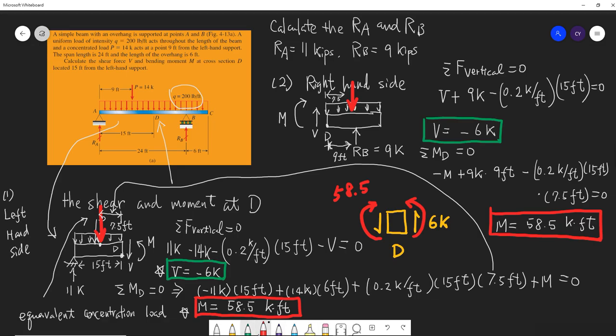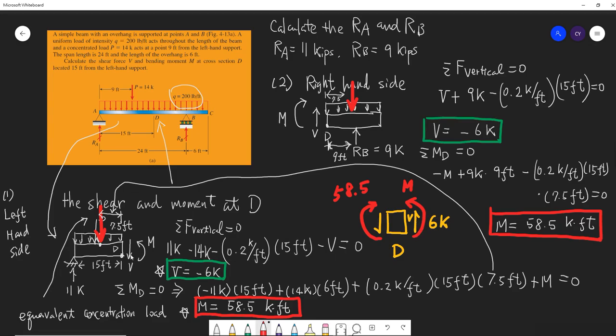So we say the shear and the moment at the point D exist like a couple. The bending moment is 15.5 kip-feet, and the shear is equal to 6 kips, but the direction is minus.